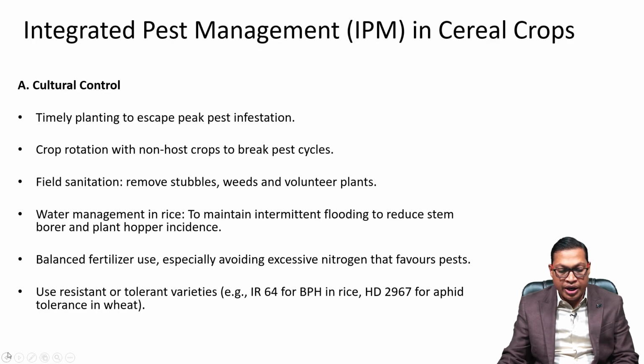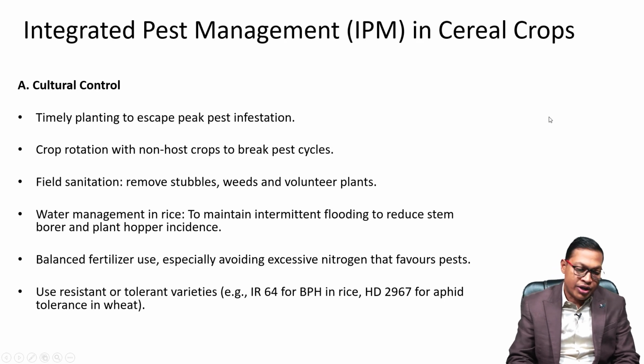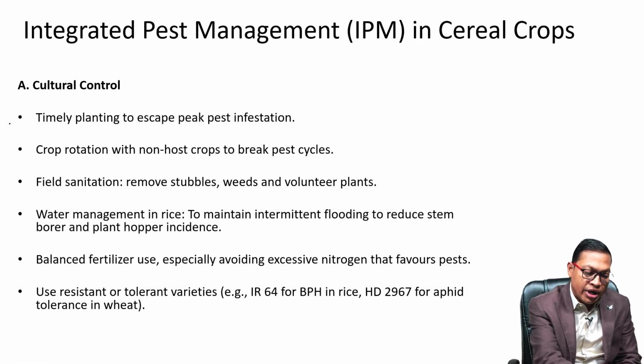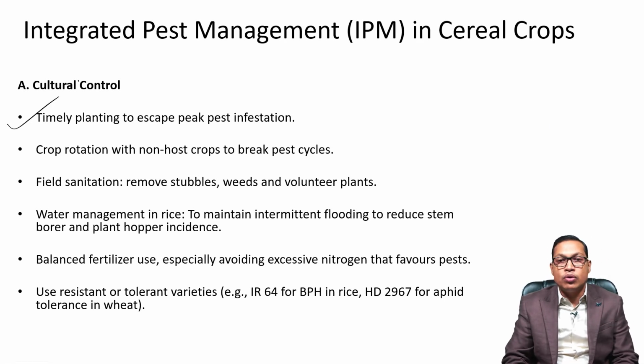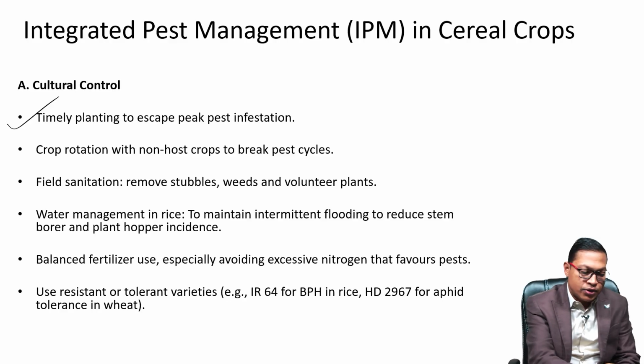In integrated pest management, if we go for cultural or agronomical management, we have to go for timely planting to escape the peak infestation period of the insects. Then we rotate the crop with different crops, so that the life cycle of the pest can be broken easily. This is crop rotation. Then field sanitation.